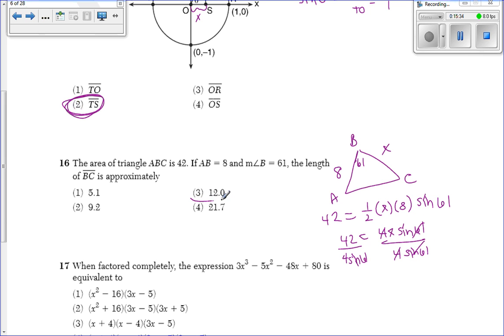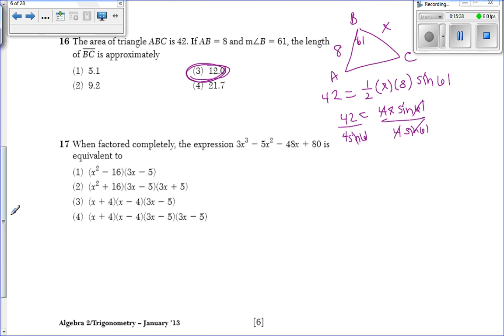And when you do that, this is what you get in your calculator. When factored completely, well, I have 4 terms. I'm going to look to do factor by grouping. If I take out an x squared, I'm left with 3x minus 5.